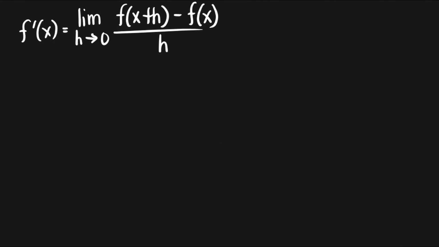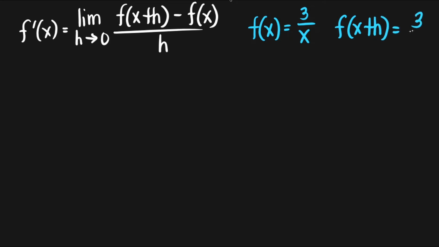Let's have another example. What is f prime of x of f of x equals 3 divided by x? Go ahead and try to answer the problem. Now the function f of x plus h is 3 divided by x plus h.